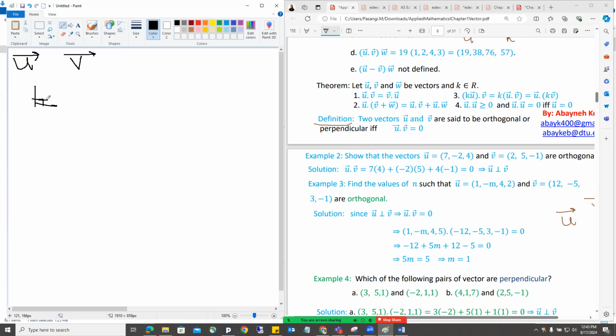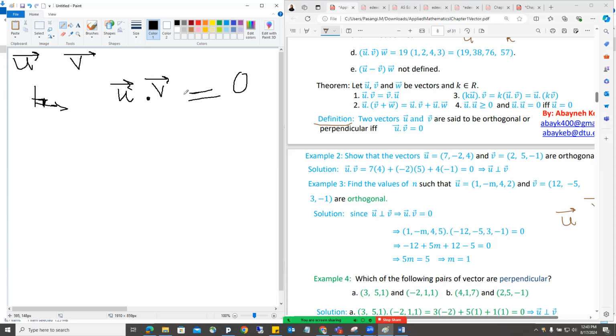Perpendicular in the sense that these two look like this. That means these two intersect at 90 degrees, right? So if these two are orthogonal or perpendicular, then we can conclude that the dot product of these two vectors is equal to 0.